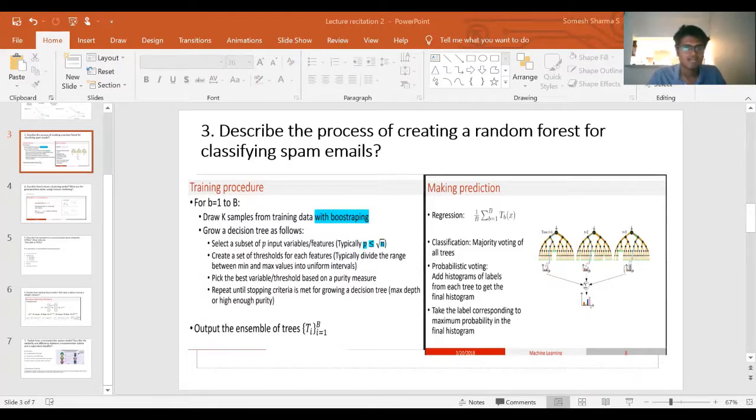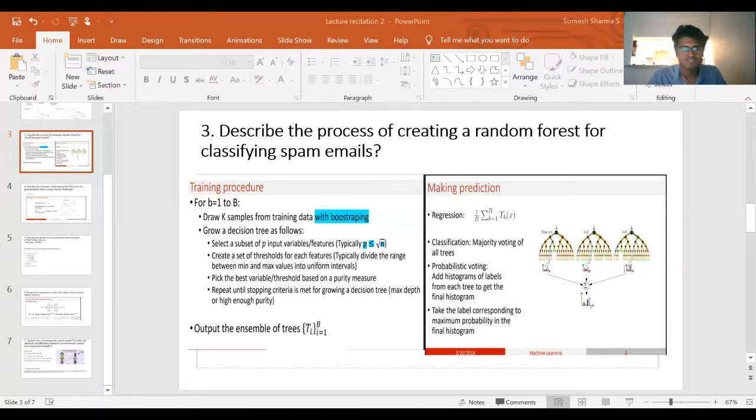Then we calculate the best dividing point for node d among the p features, and divide the parent node into two offspring nodes through the optimal split, that is spam or not spam. Then we repeat the above three steps until the tree is grown to the maximum number of nodes.